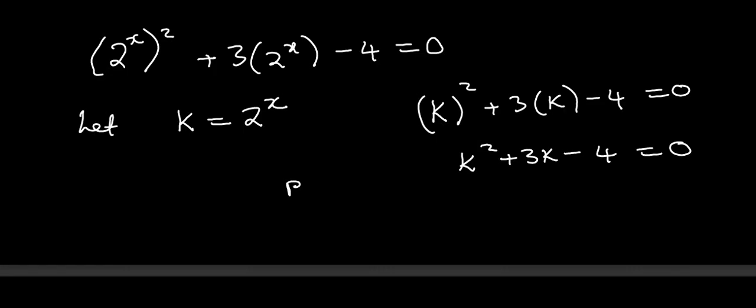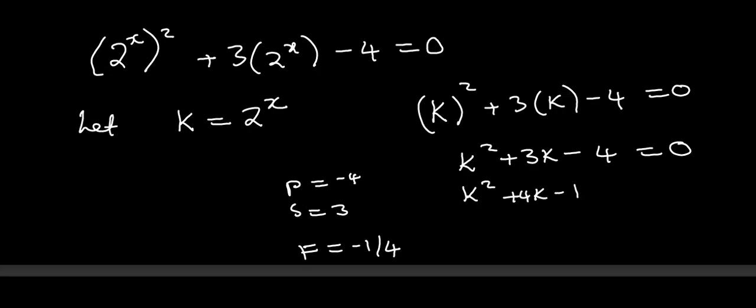This is just going to be product and sum. The product is negative 4. The sum is simply 3. What factors can we use here, guys? Okay, we use negative 1 and 4. So if we do the replacement here, this is going to be k squared plus 4k, then minus k, then minus 4 is equal to 0.